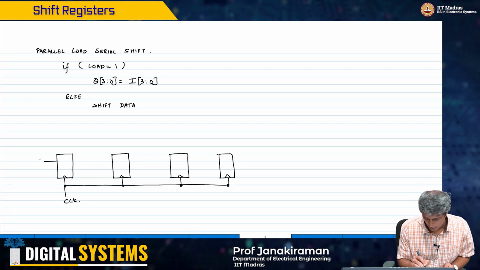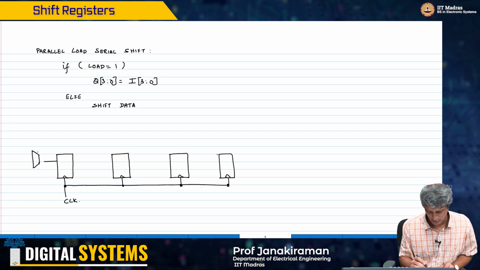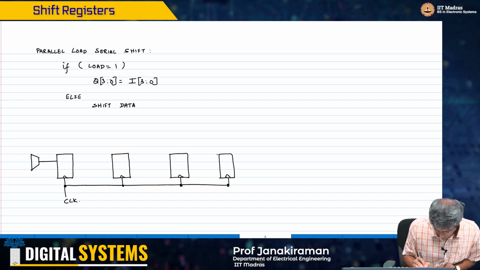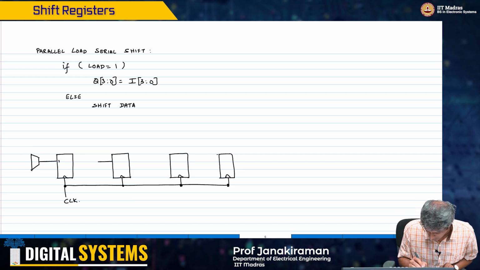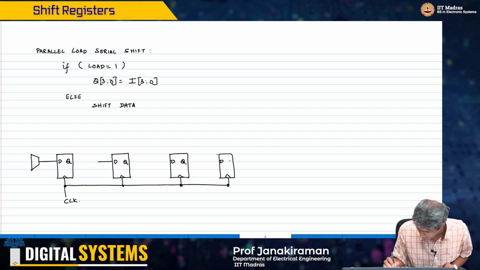Okay, and so what I'm now going to do is I'm going to put a multiplexer before these guys. Okay, before each of these guys, I'm going to draw a 2:1 multiplexer. Okay, so this is DQ, right? DQ, DQ, and Q.